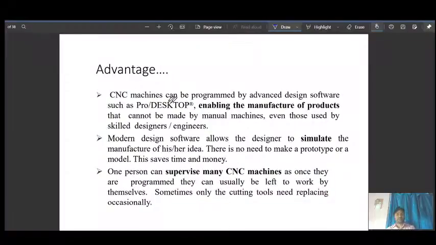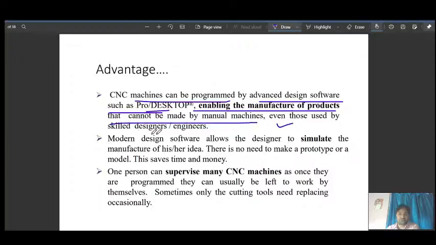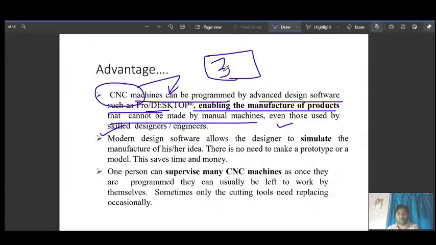Advantages: CNC machines can be programmed by advanced designing software such as Pro Desktop, enabling the manufacture of products that cannot be made by manual machines, even those used by a skilled designer. So a CNC machine can be directly connected to other design software, where we can make a design and the CNC machine can make it. 3D printing is also a part of CNC machines.